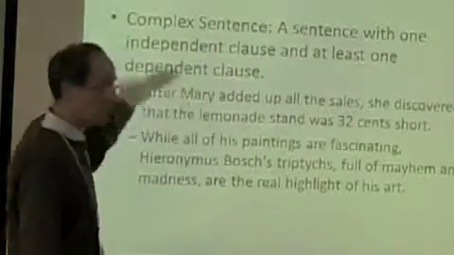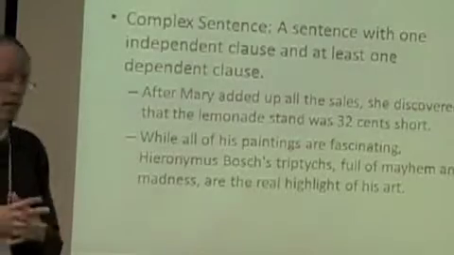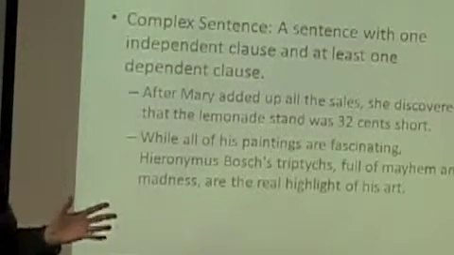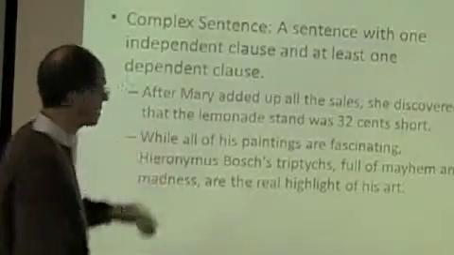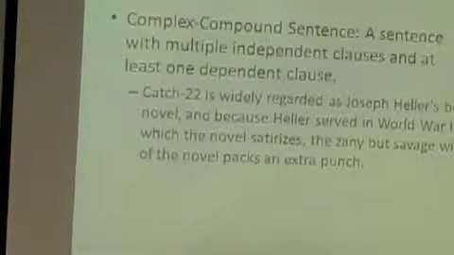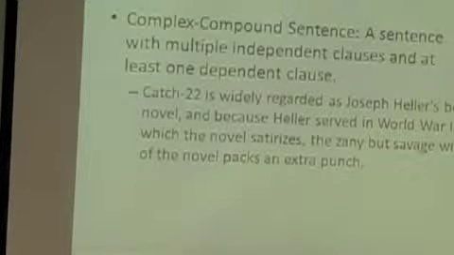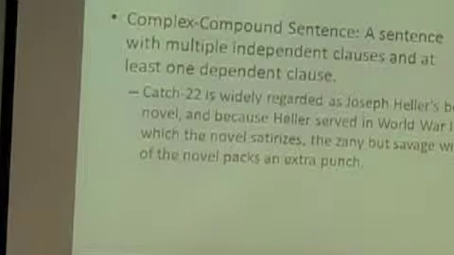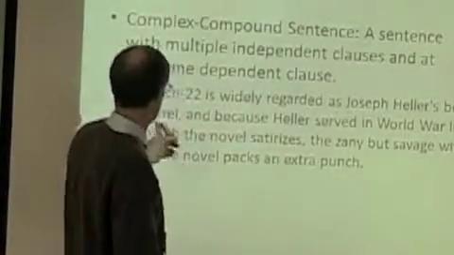So a complex sentence is a different way you can put a sentence together: having one clause that can stand on its own together with one that can't. And it gives you a sense that you can start combining things. And a complex compound sentence just means that there's all kinds of stuff in there. I won't go through the technical details. So, "Catch-22 is widely regarded as Joseph Heller's best novel."